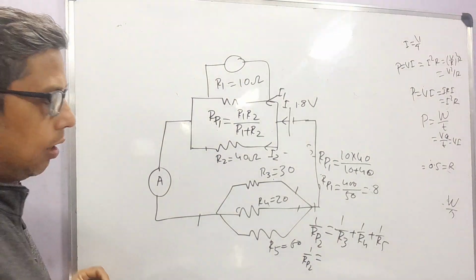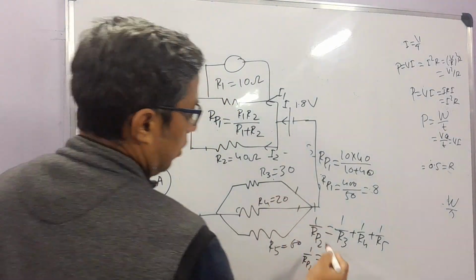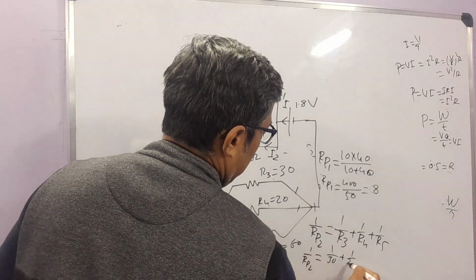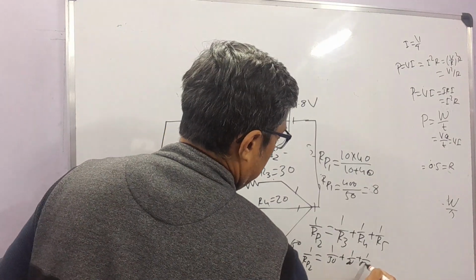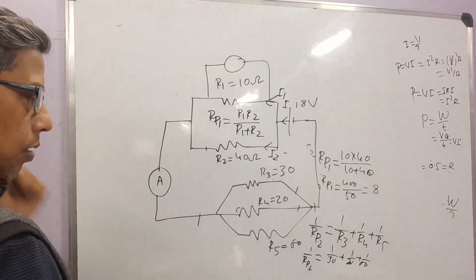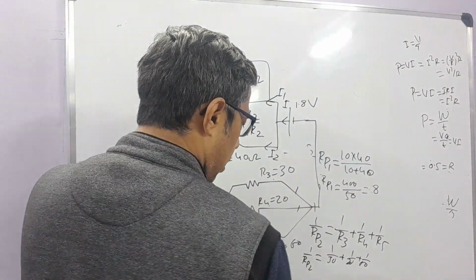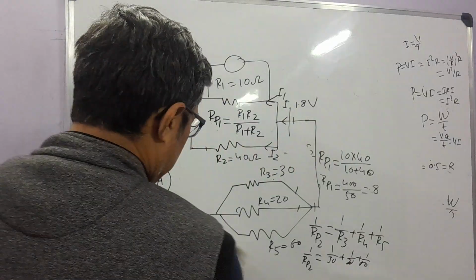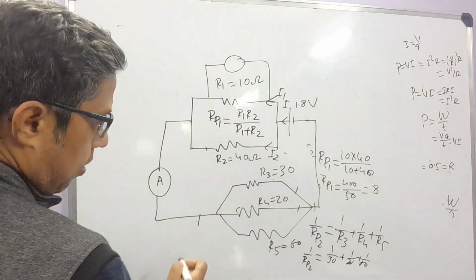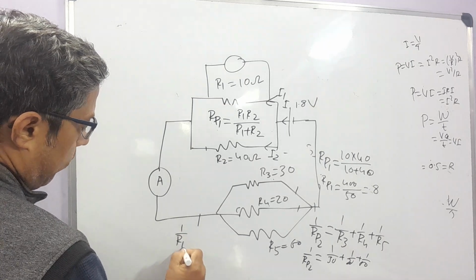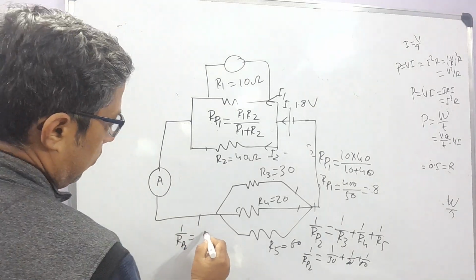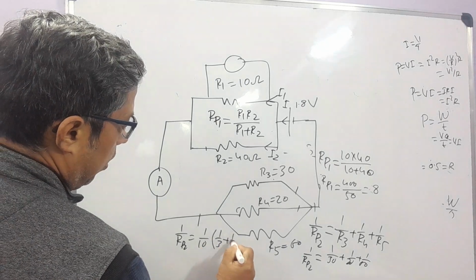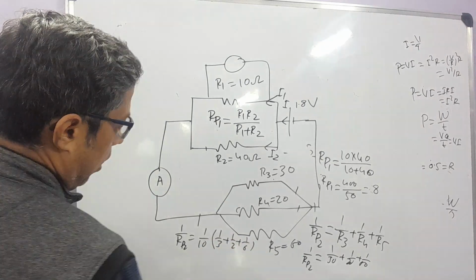Clear? So 1 by RP2 is equal to, R3 क्या है? 30, right? So 1 by 30 plus 1 by 20 plus 1 by 60. इसका क्या आ रहा है? Let us do the calculation here. Taking 10 common for easier, it is 1 by 10 times 1 by 3, 1 by 2, 1 by 6.